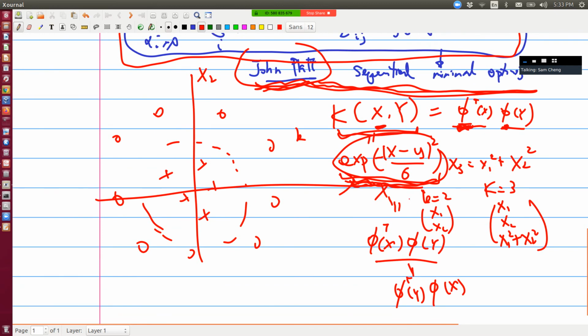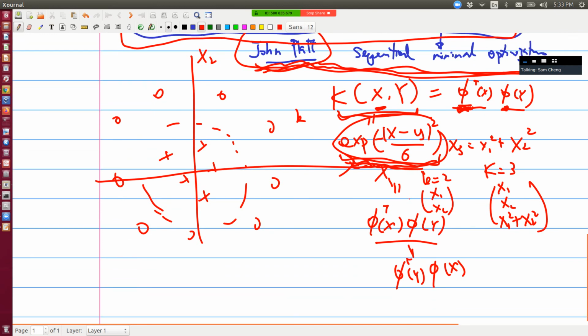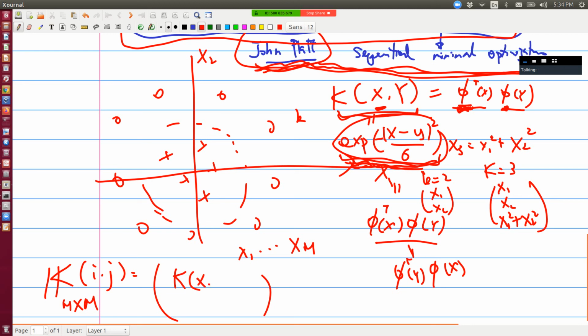And you can also easily verify that if I consider any m vectors here, and let me build this, I call it a kernel matrix, an m by m kernel matrix, where the ij element is equal to k of xi and xj.